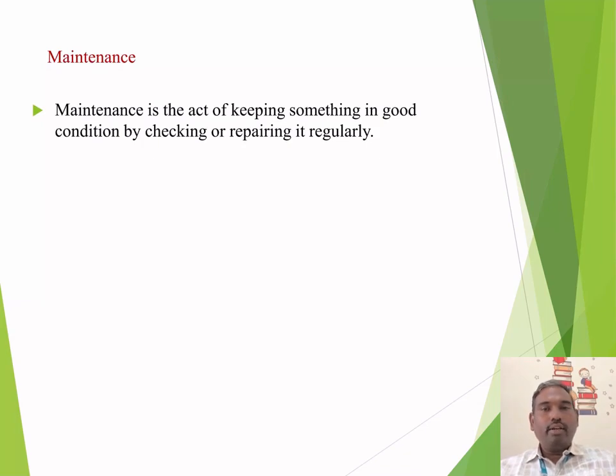Maintenance is the act of keeping something in good condition by checking or repairing it regularly, like cleaning the floor every day. This is one kind of maintenance in the building. Similarly, check the wall, roof slab and roof flooring weekly, monthly or quarterly.